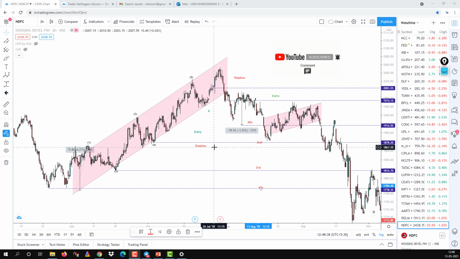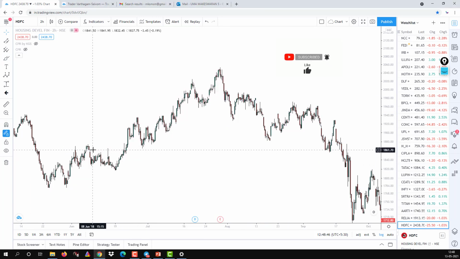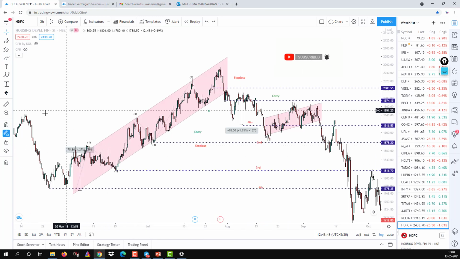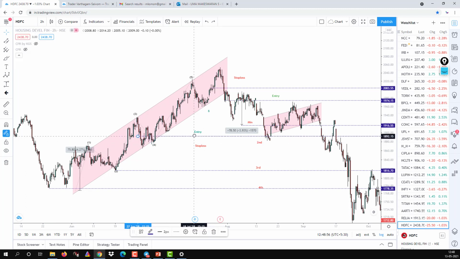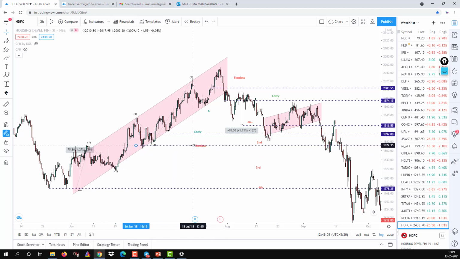And another important point, when you are taking entry inside the channel, for example, see, this is your entry and this is your stop loss.